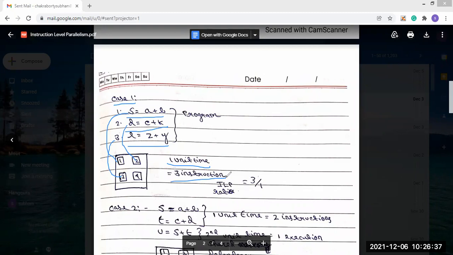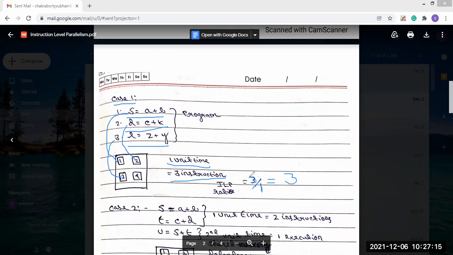So ILP is what? Instruction level parallelism. We already said that it is the measure of how many operations a processor can perform simultaneously. So what will be the ILP? We have seen that these 3 instructions have been done within 1 unit of time, so it will be 3 divided by 1. The ILP ratio will be 3.